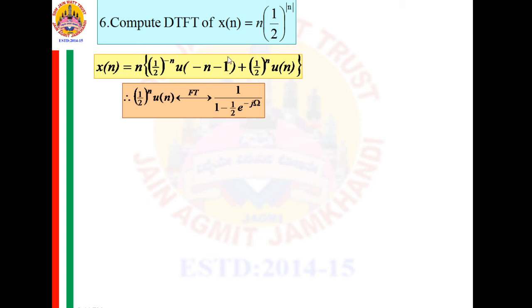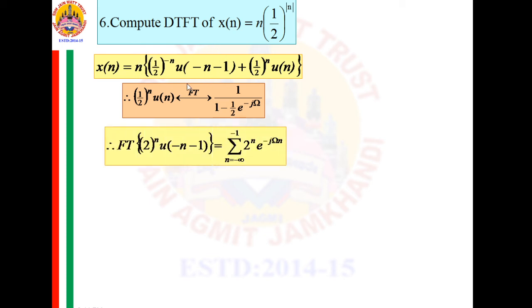Let us consider writing the DTFT of this. The Fourier representation of (1/2)^(-n) u[-n-1], I will write this as 2^n u[-n-1].